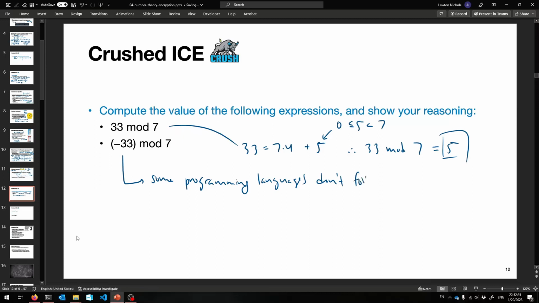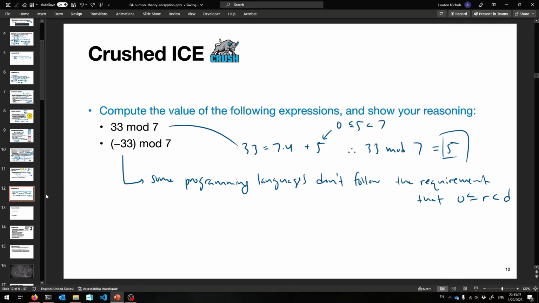Don't follow the requirement that your remainder better be between 0 and strictly smaller than the thing you're dividing by, your divisor. So I think C++ will give you a negative modulus answer, a negative remainder, and we don't want that. That's wrong. It's not what it should be. It's supposed to be between 0 and 1 less than the divisor.